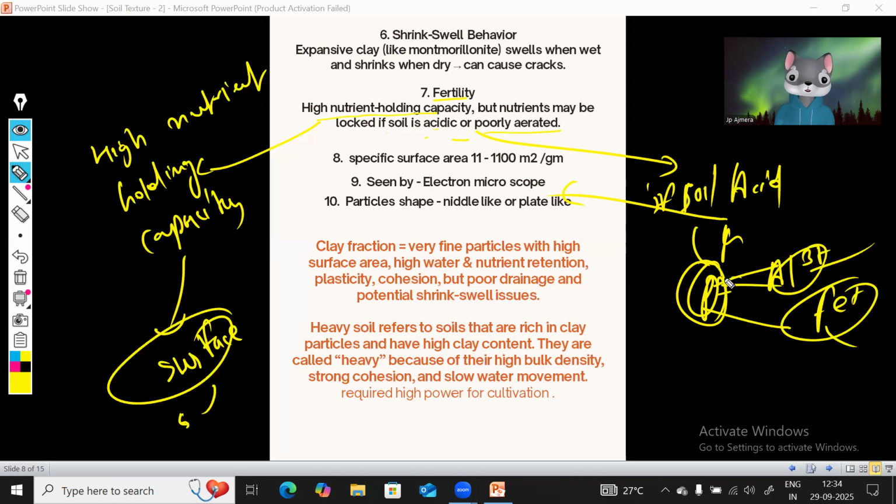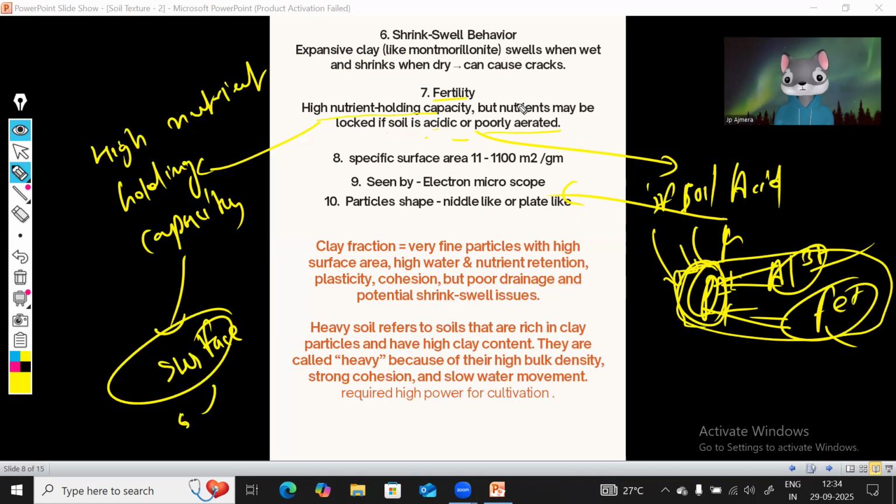They lock the nutrient and will not provide it to the plant for its requirement. In acidic soil, this happens.